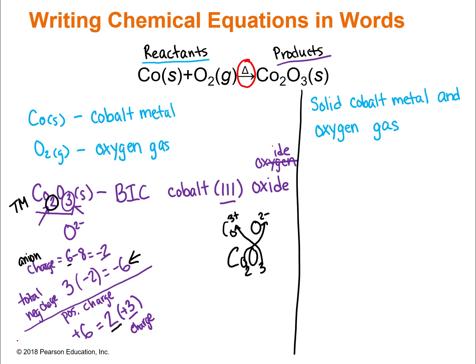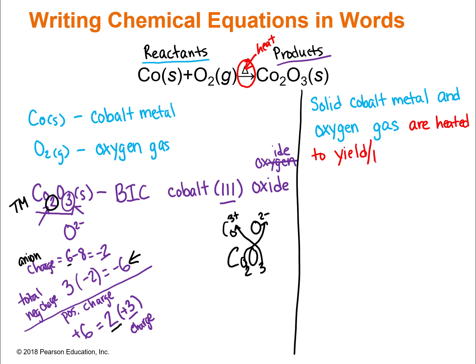Now we've got to handle the yield sign. For that, you can say they're heated to yield because we see this triangle. That means heat.